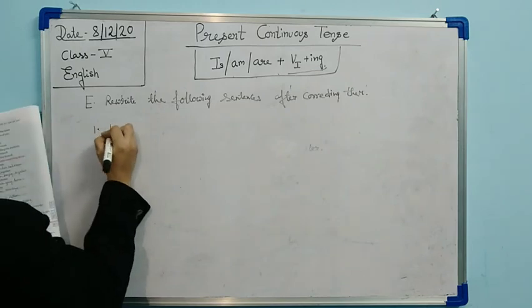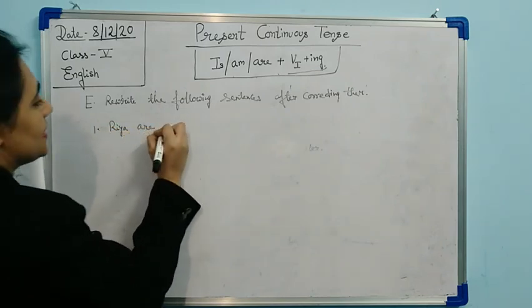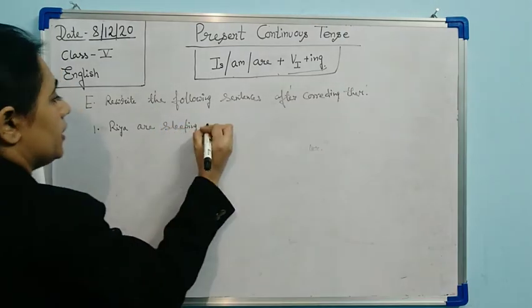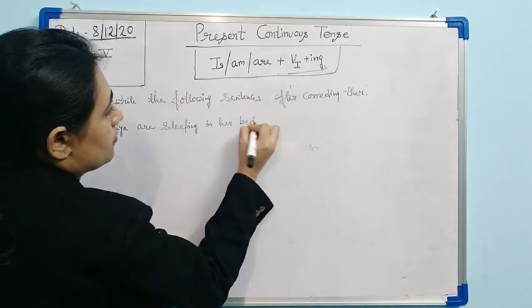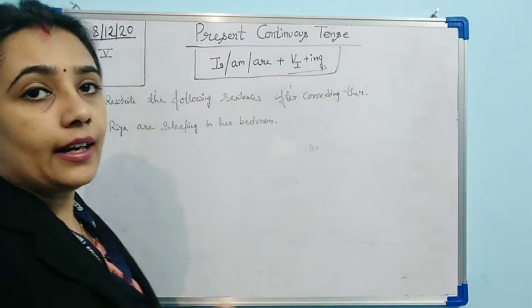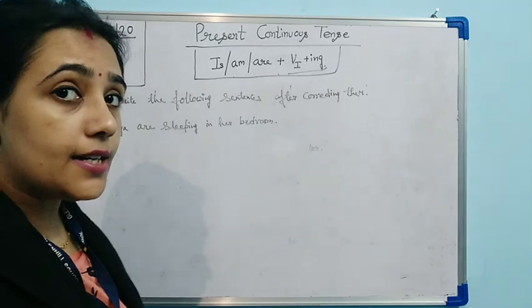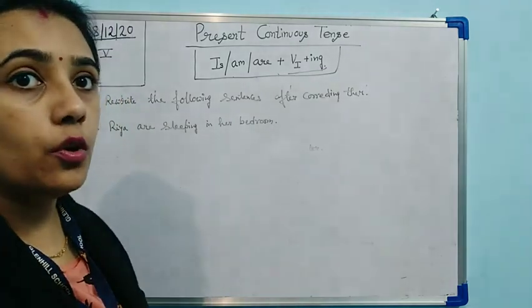First sentence: Ria are sleeping in her bedroom. We have to correct the sentence. Ria are sleeping. Is it? Will are be there? No.